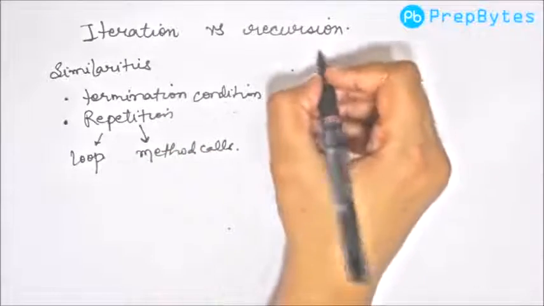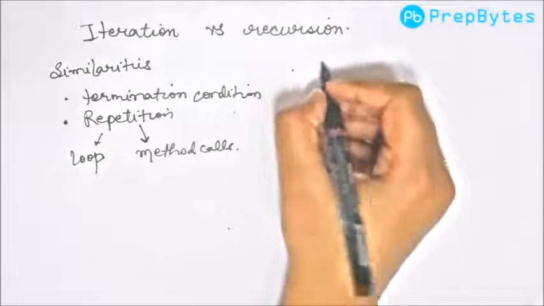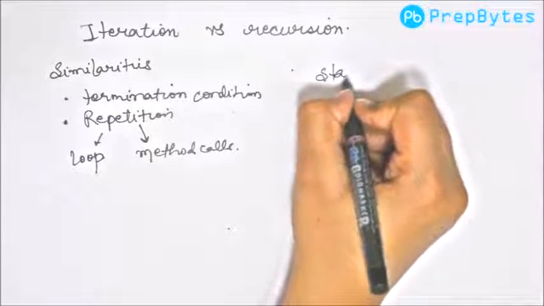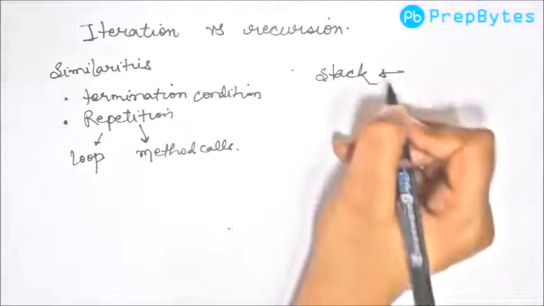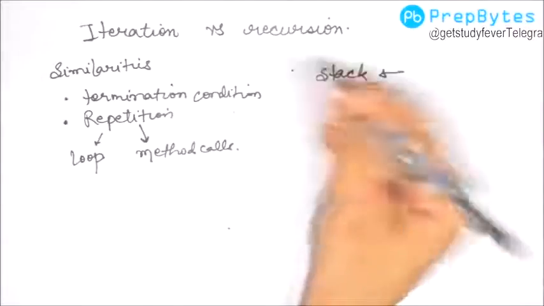Now let's see what are the differences. This is actually the disadvantage of recursion over iteration, since recursion involves a stack to store method calls, but there is no such need in iteration.